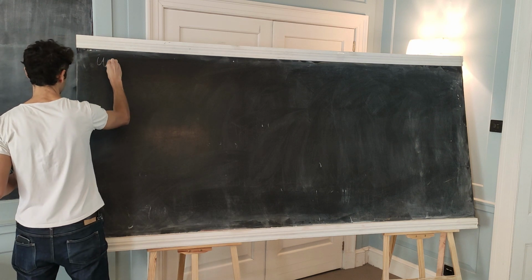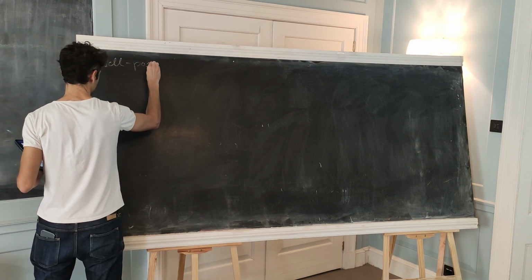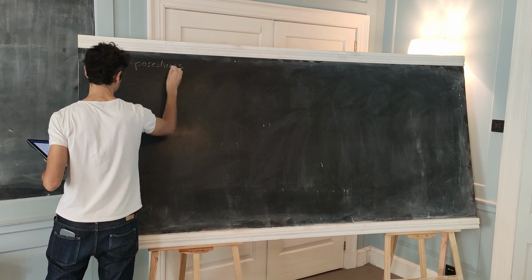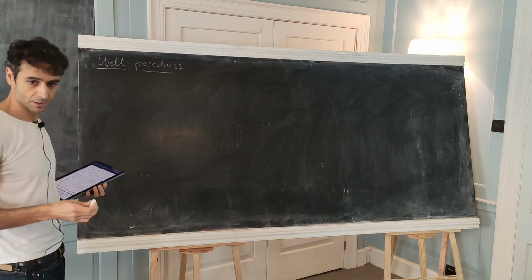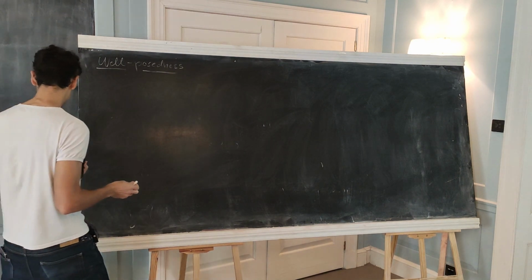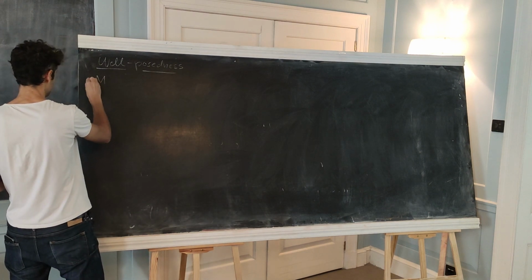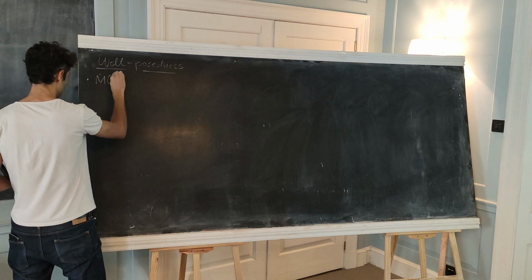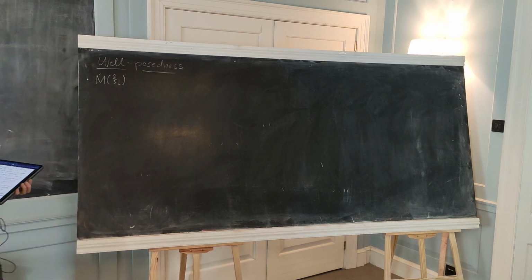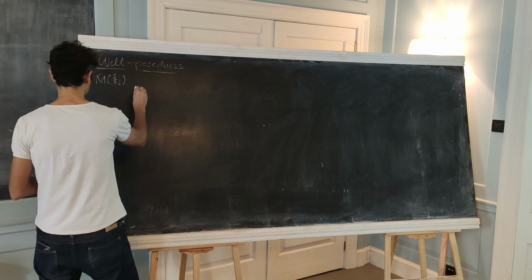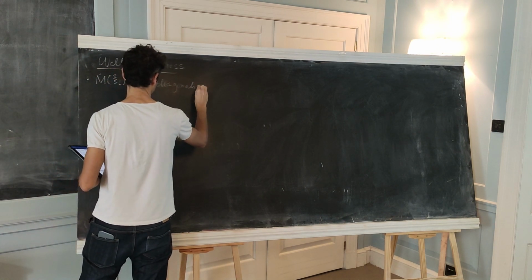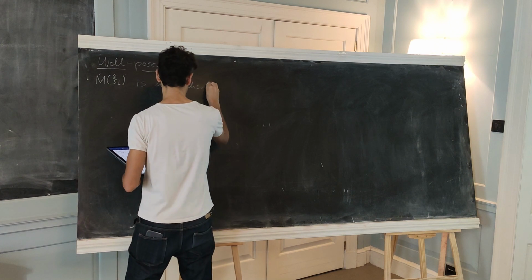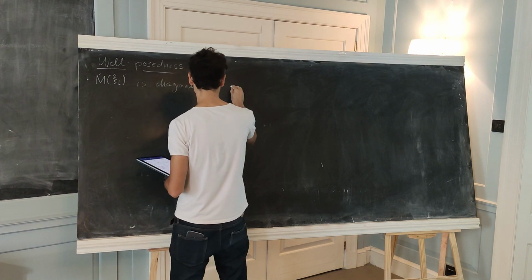So we say that a linear system is well-posed if M, the principal part, in terms of this unit vector, is diagonalizable with real eigenvalues.